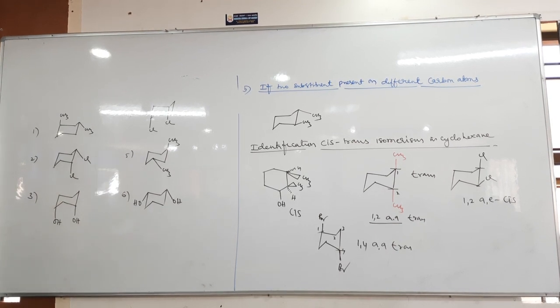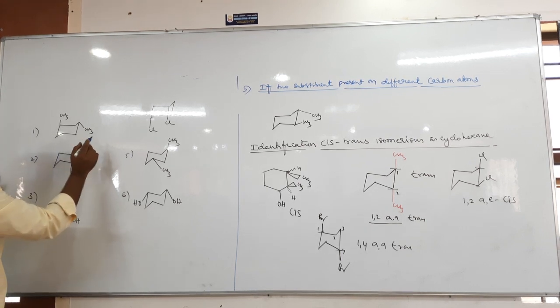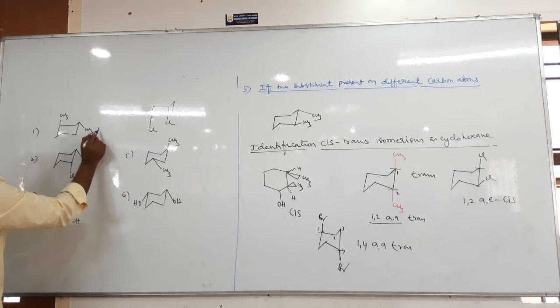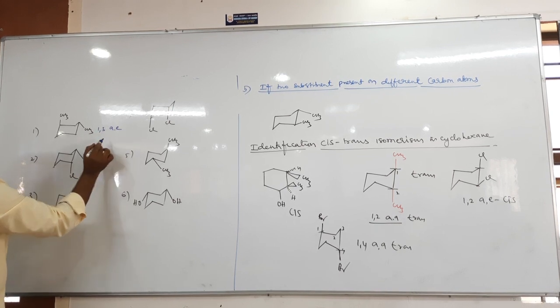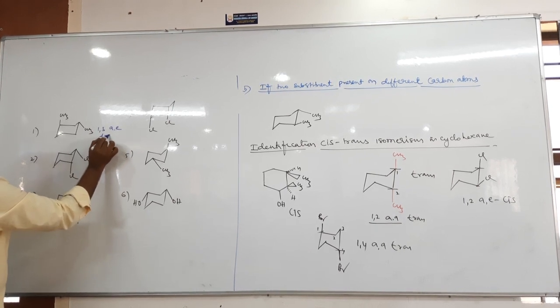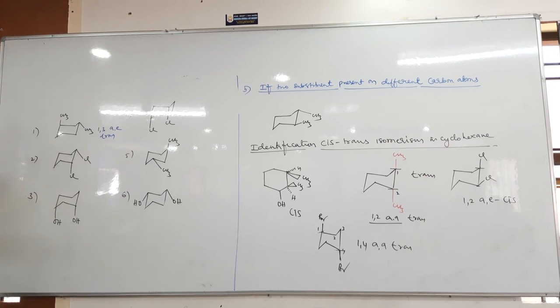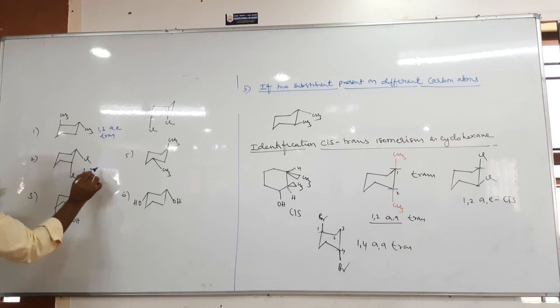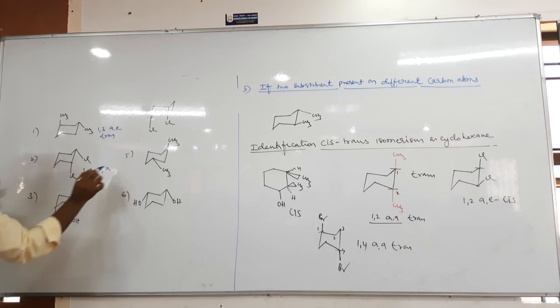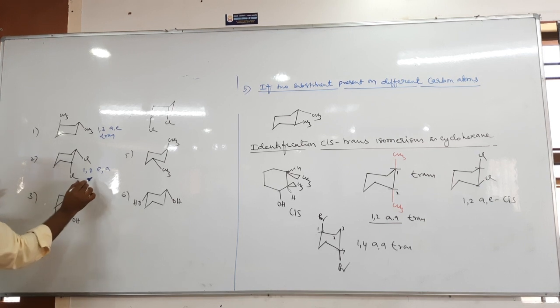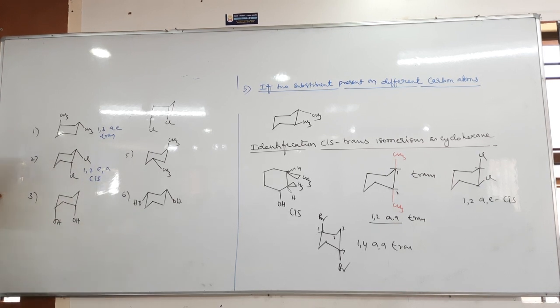Tell me, first one. Tell me which conformation it is. 1, 3, A, E. Cis or trans? Trans. Next. 1, 2, E, A. Cis.